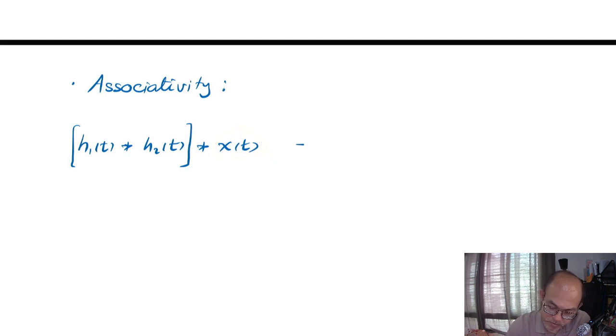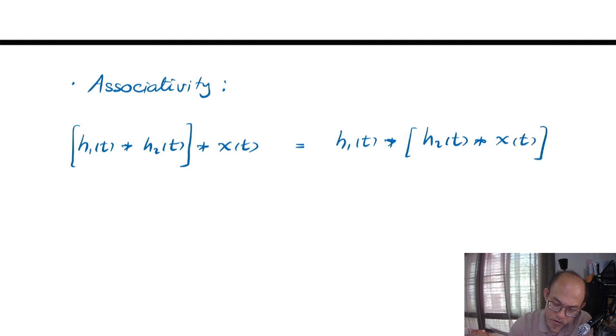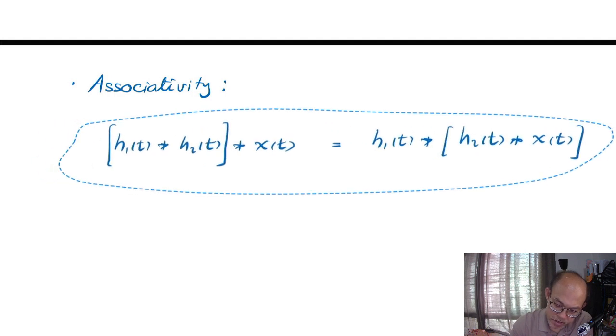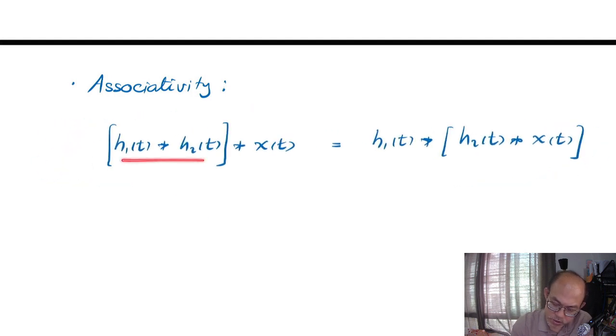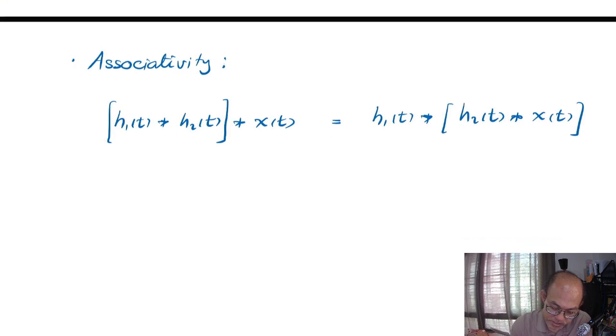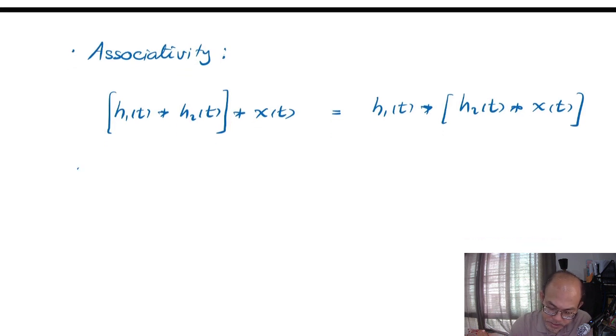Now this is going to be the same as doing h2 and x first, and then the result convolved with h1. So it doesn't matter which pair we start convolving, as long as we do all of them, we're fine. That's called associativity.